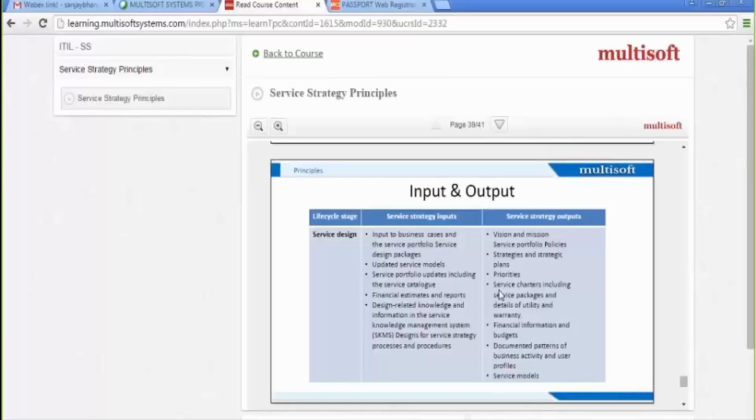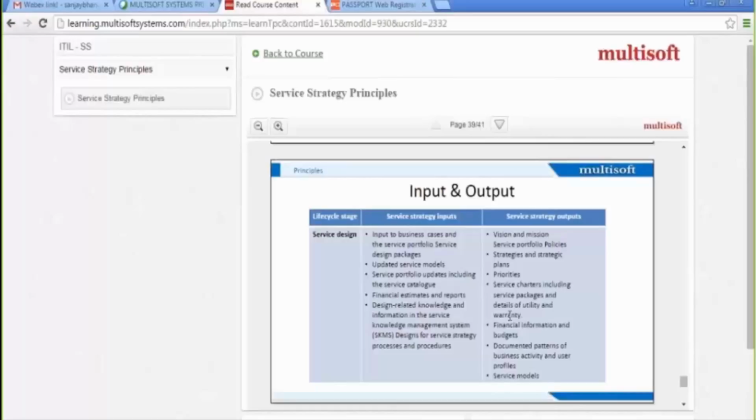So if I'm talking about a service charter, it is a high level description about the service, including the service package, the service level package we know, the core, enhancing and enabling, and details of utility and warranty also. This is my value.